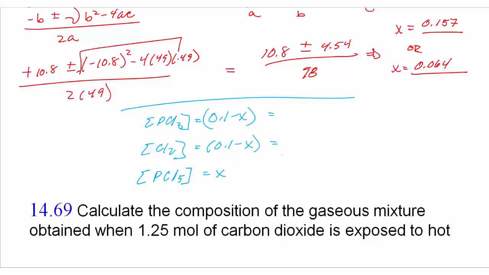Okay. Which one doesn't make sense? It can't be that one. It's too big. It'll give you negative answers. So that means x has to be 0.064. So 0.1 minus 0.064 is 0.036.